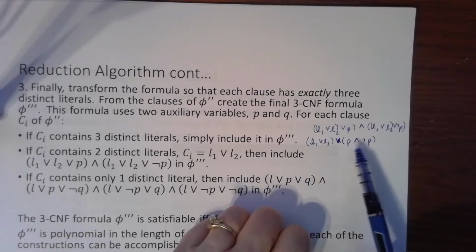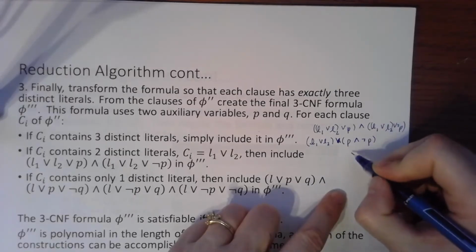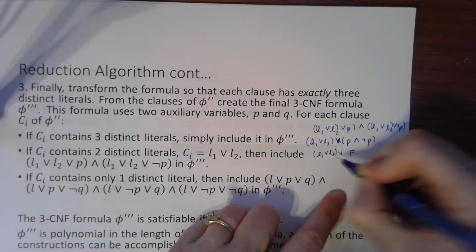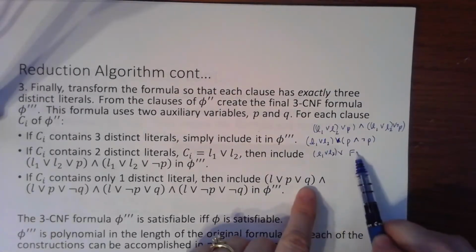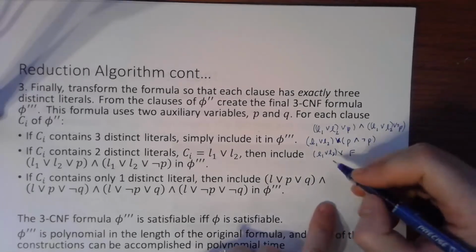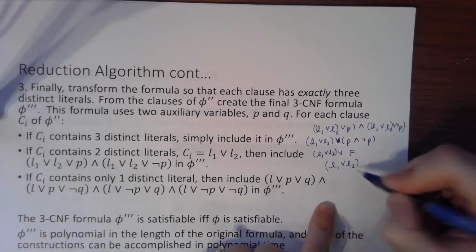Well, P and not P always evaluates to false. This is a contradiction. And anything ORed with false will depend on the value of L1 or L2. That is an identity for OR.